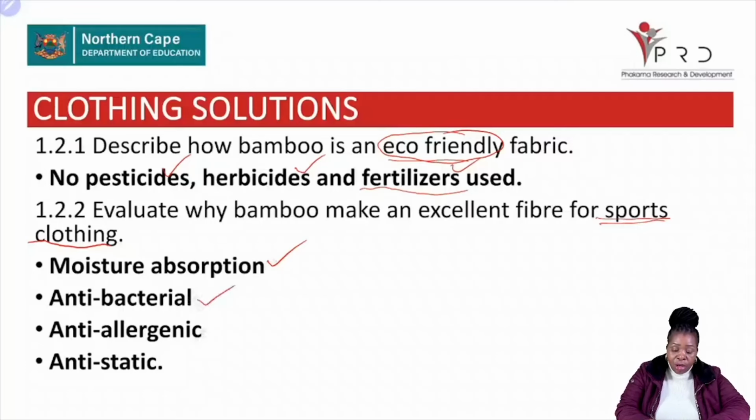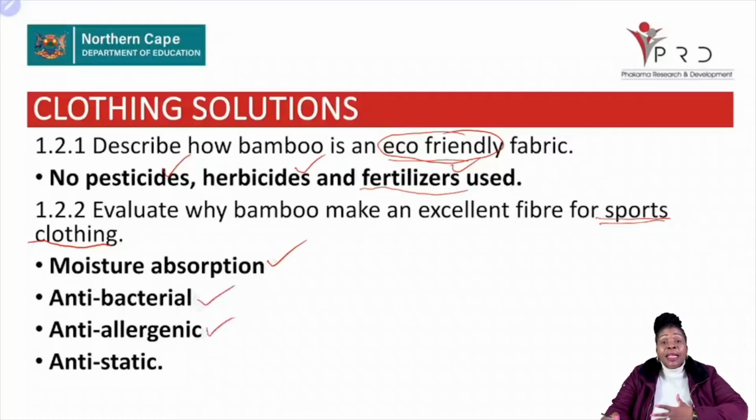It is also anti-allergenic, which means you do not react to the fabric. You don't develop an allergy through wearing that fabric, and it does not irritate the skin. I'm sure you have come across some fabrics that when you wear them, you get irritated on the skin.